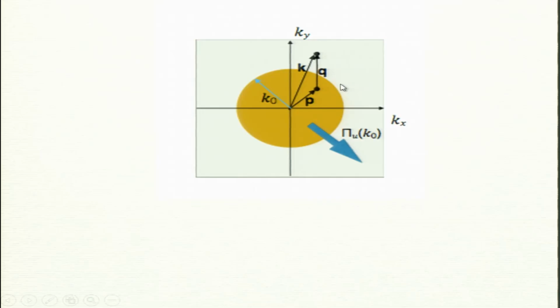So, let us draw this. This is in Fourier space, not in real space, and it is defined as the energy crossing this wave number sphere, energy coming out of the wave number sphere via nonlinear interaction.